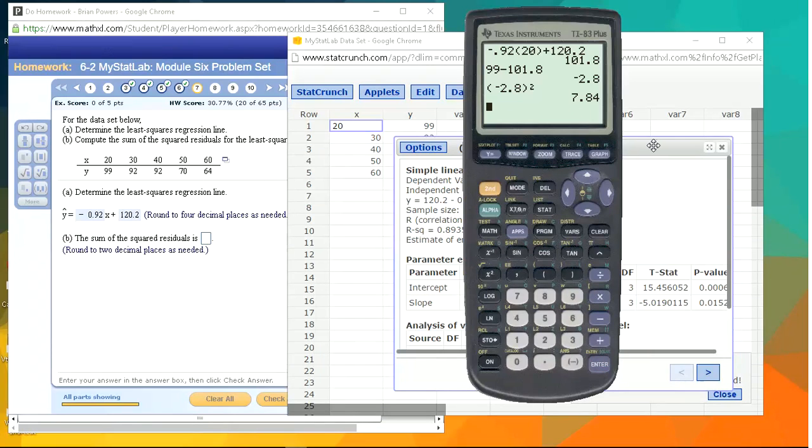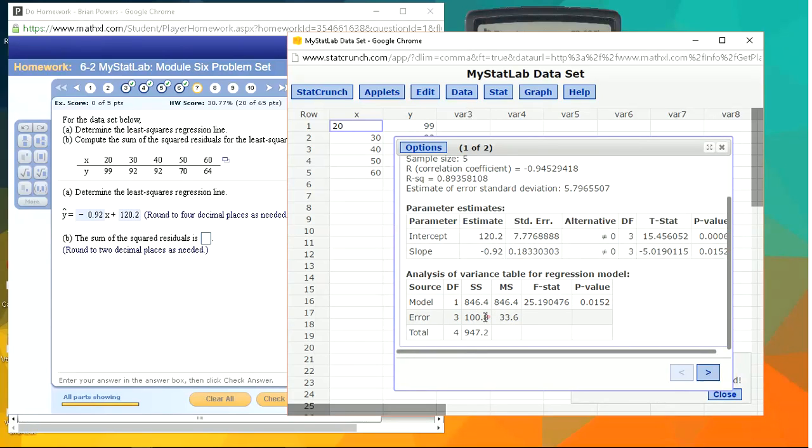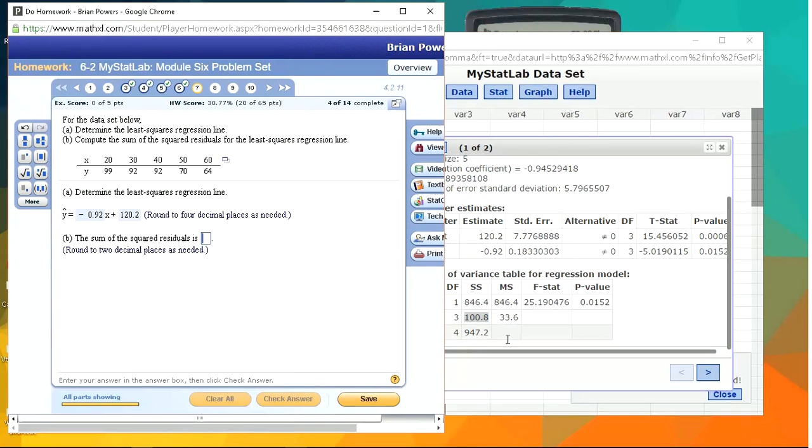Now, the output from linear regression actually gives you the sum of the squares of residuals right here. The residuals can be considered errors, so the sum of the squares of the errors is what we're looking for. Now it's rounded to 1 decimal place. I hope that's not a problem. Yep. Okay.